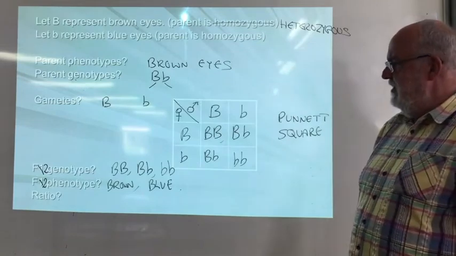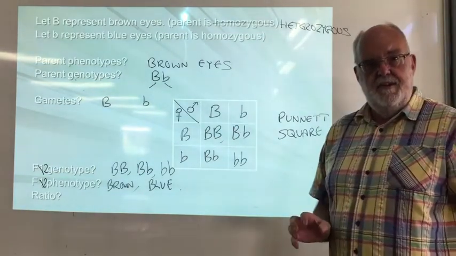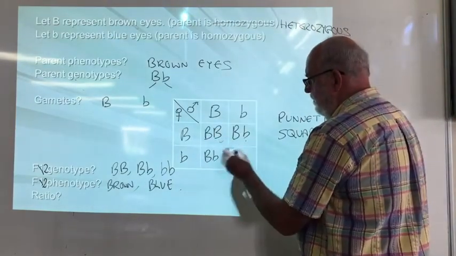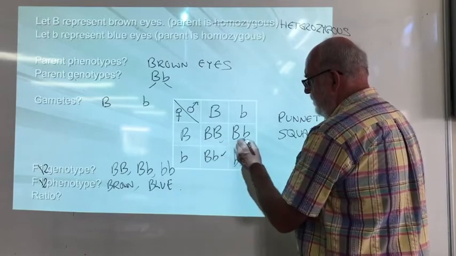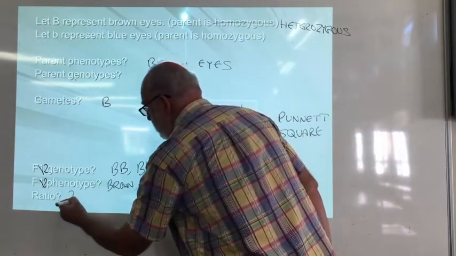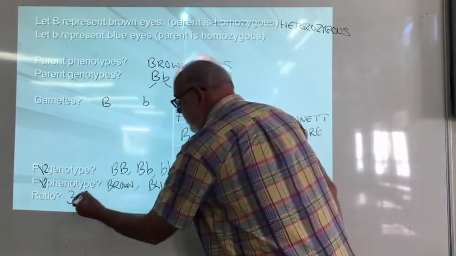Now the ratio comes in. The ratio of the dominant characteristic to the recessive one. 1, 2, 3. Brown, brown, brown. And 1 blue eyes.